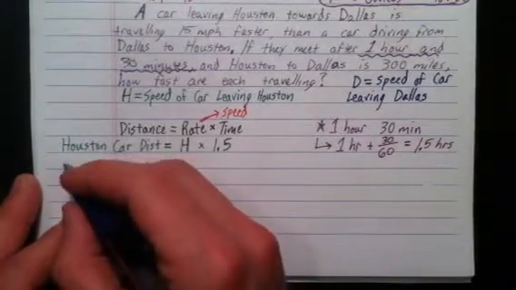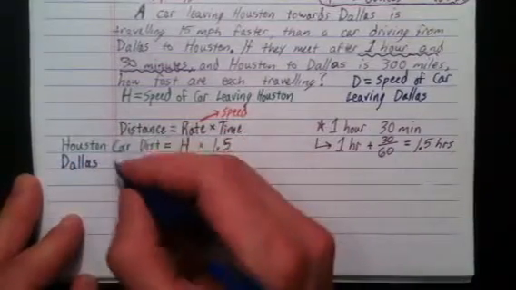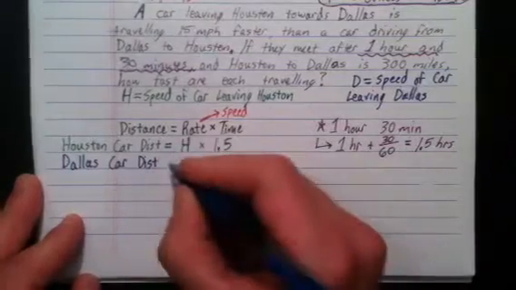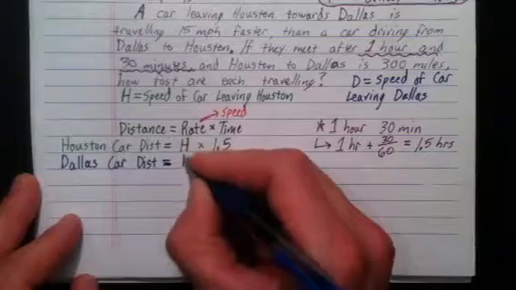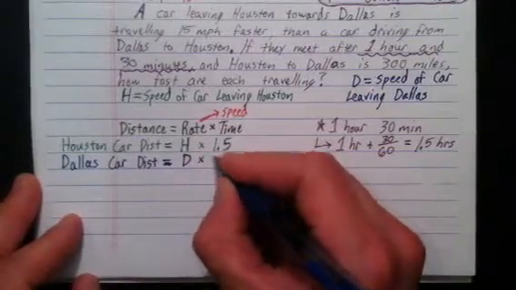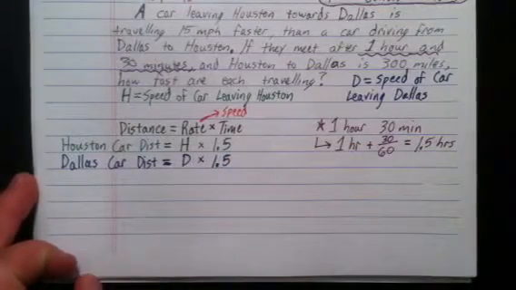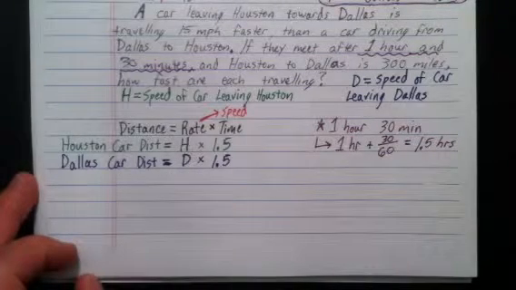The Dallas car's distance is going to be equal to its rate, which we don't know yet. Remember, we're using d to find that, times 1.5.